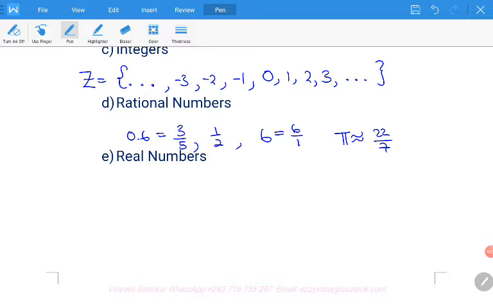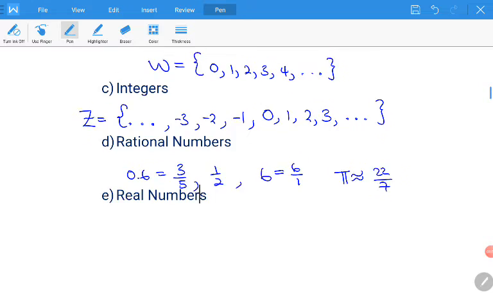The opposite of real numbers is imaginary numbers, which we are not going to look at. So any number you can think of, whether it's a rational number or an irrational number, as long as it is not an imaginary number, it is a real number.